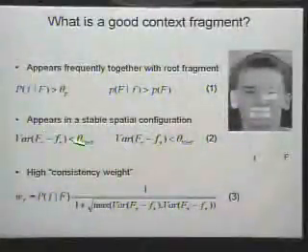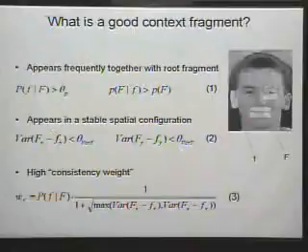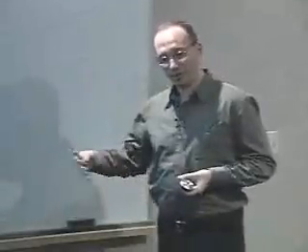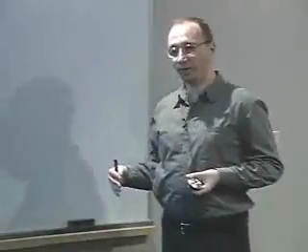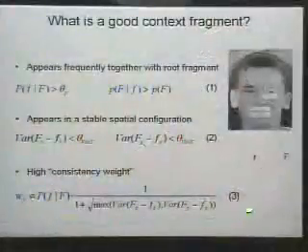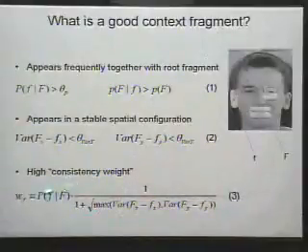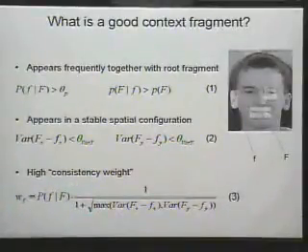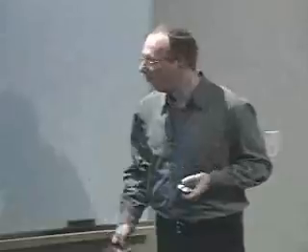Having these two inequalities, we can sift out some of the fragments. For the rest of the fragments, we want to rank them to find the best context fragment. We simply combine these two requirements to get what we call the consistency weight, the weight of contextness.